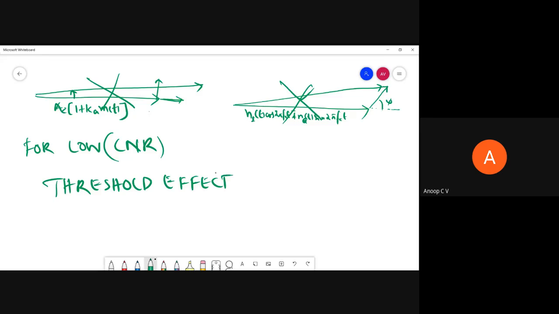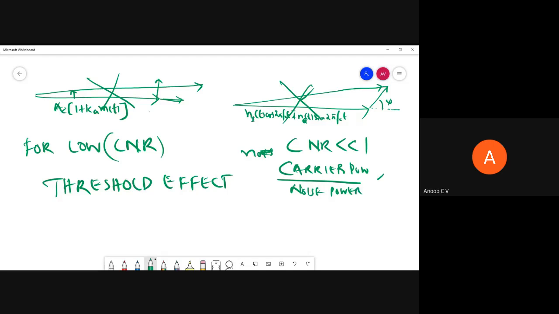That happens when CNR, or carrier power to noise power, is much less compared to 1. We won't be able to do reliable demodulation or detection.